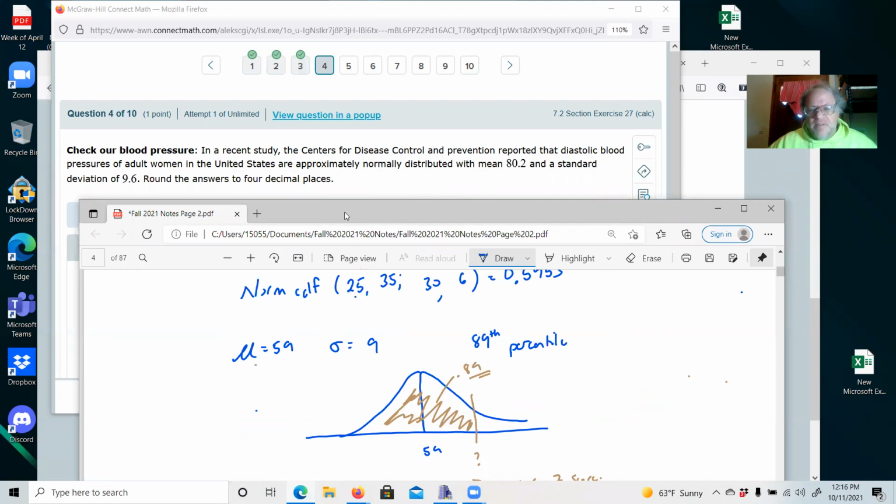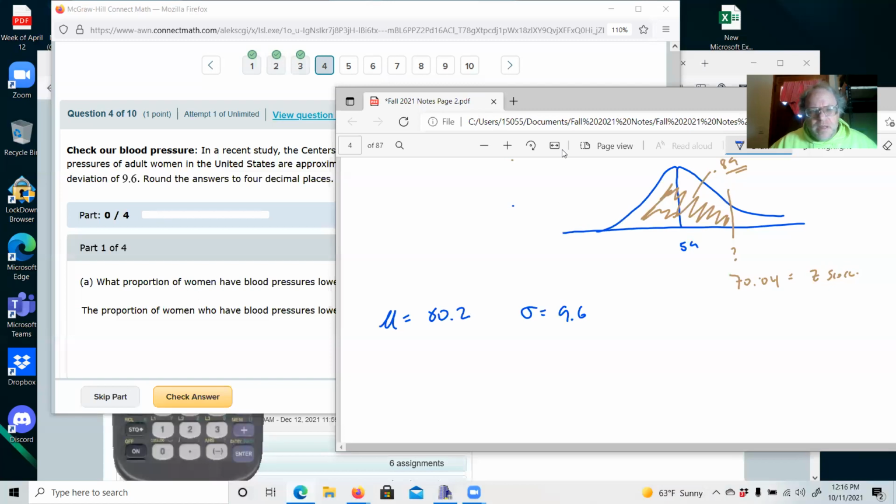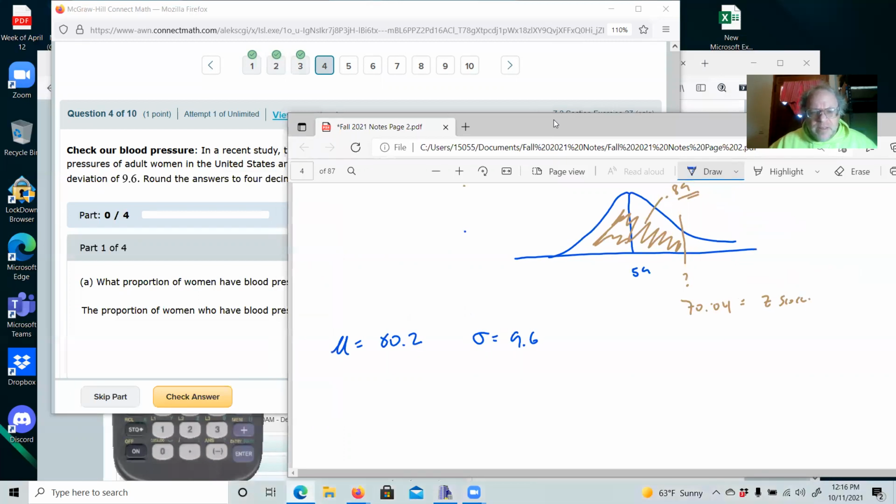Okay, and we have a mean of 80.2. No, that sounds like the bottom number. Okay, so we have our mean of 80.2. We have a standard deviation of 9.6. Okay, round the answers to 4 decimal places. What is the probability that a woman has a blood pressure lower than 63?